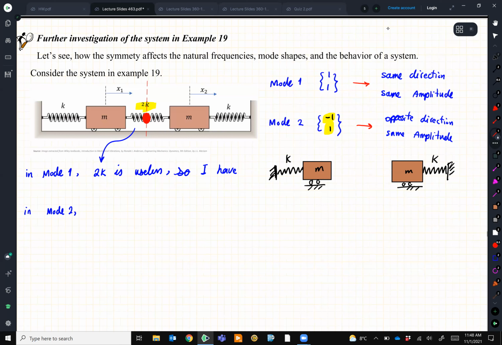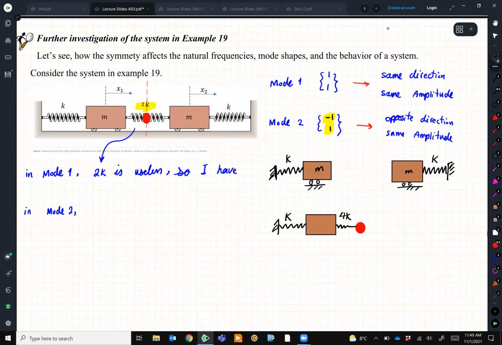So let's just draw one of them. So this guy is K. I cut a spring in half. These two springs were parallel, so the stiffness now is 4K. You learned it in lecture 1, springs in series and parallel.